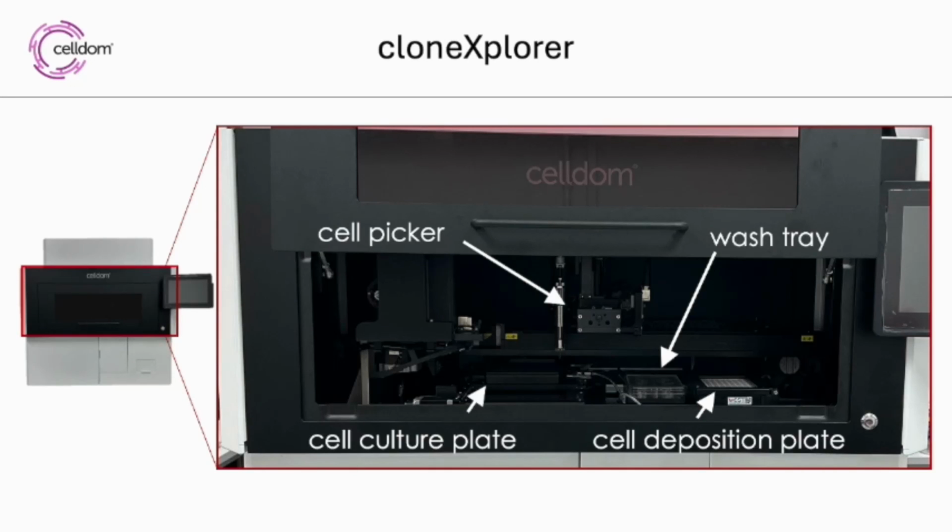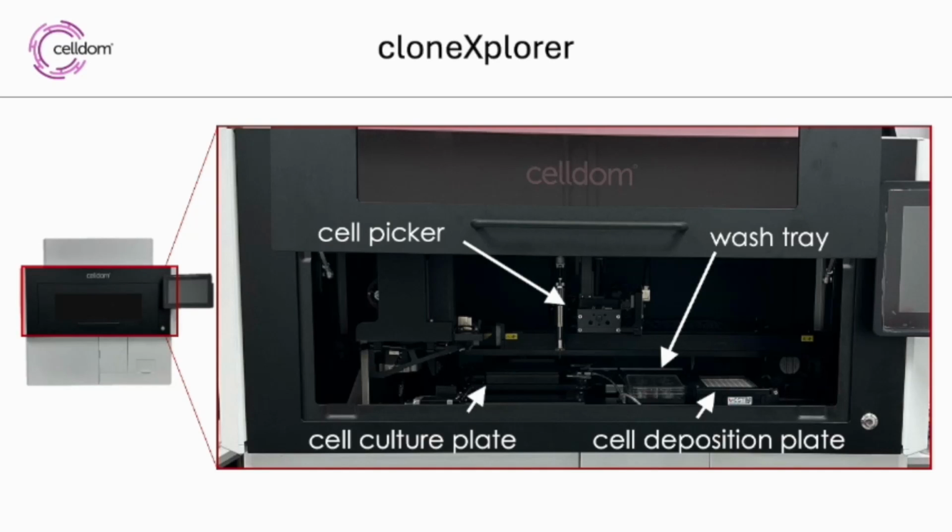So let's give you a quick view on the guts of the instrument. On the left, we have the cell culture plate, which is being imaged by inverted light microscopy. The microscope is underneath, it's not shown here. On the right, there is the cell deposition plate, which is temperature controlled, and this serves the purpose of adjusting the rate of evaporation in the deposition plate and also to cool the sample where necessary.